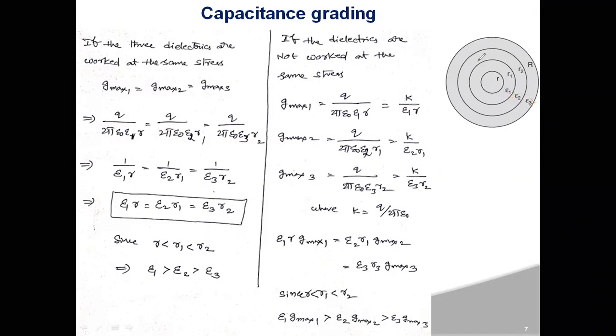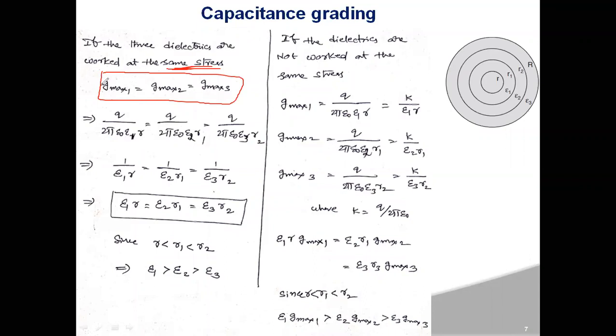Now, if the dielectric stress is the same for all three layers, then you will get the condition like this: G max 1 is equal to G max 2 is equal to G max 3.